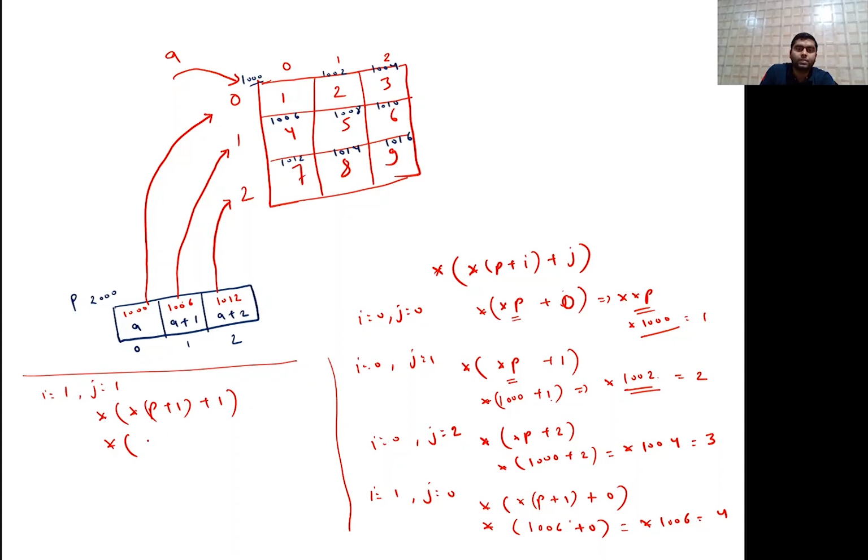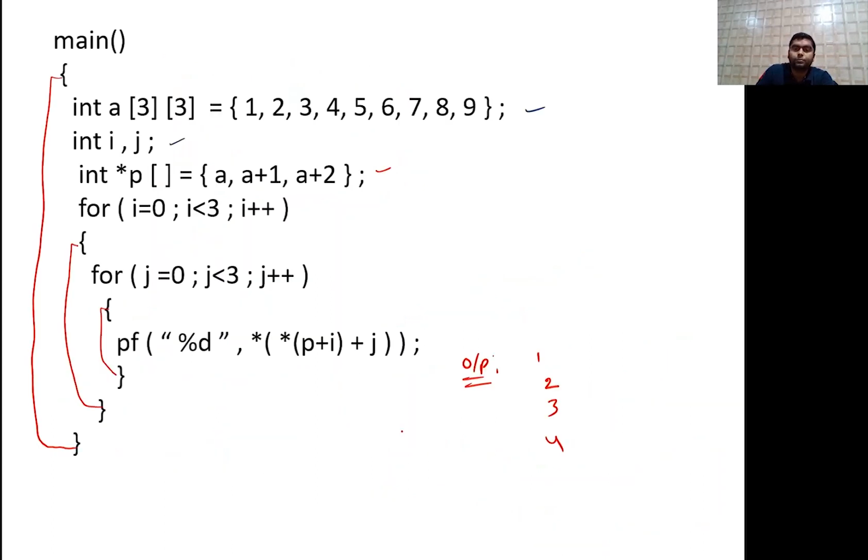So first row selection is 1006 and plus 1, so star of 1008. What is the value at 1008? Observe carefully, it is 5. So this will return 5 as the answer. Likewise you will get 5, 6, 7, 8 and 9. So this is your required output.